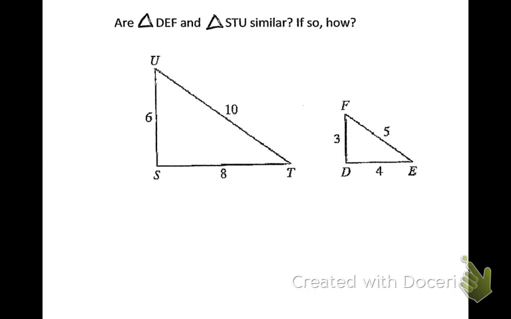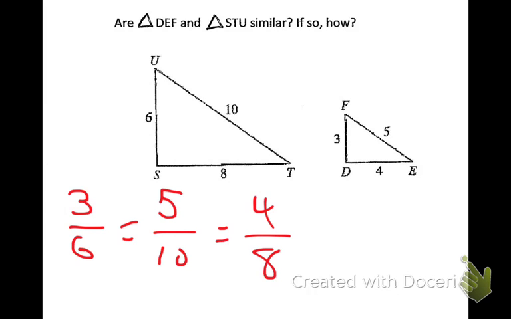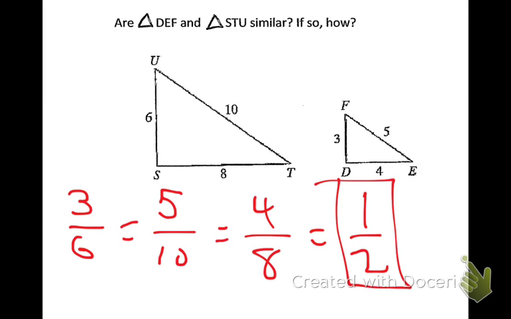Are these DEF and STU similar? Okay, so we'd have 3 over 6 is equal to 5 over 10 is equal to 4 over 8. That's true. They all equal 1/2. They all have the same ratio. So we could say yes, these triangles are similar by side, side, side.